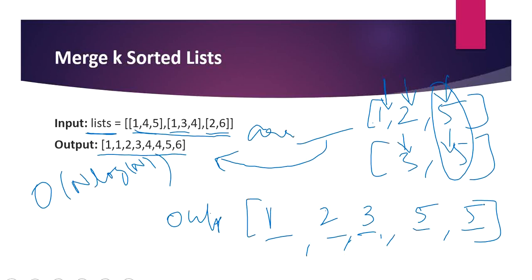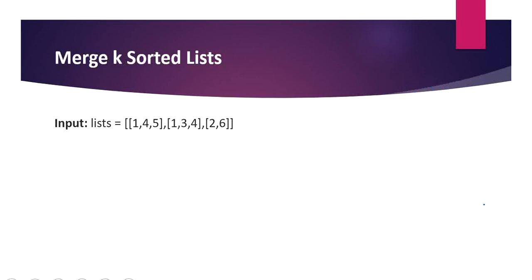Suppose we have three linked lists like this. Again we are going to point the pointer at the head of every list available. Here it is 3. K can be anything like 10 or 15 linked lists. So let's sort it. Again it is going to compare 1, 1 and 2. 1 wins here. Move, suppose from list 1, and moving the pointer to here, it compares 4, 1 and 2. 1 again here, and move the pointer to 3.